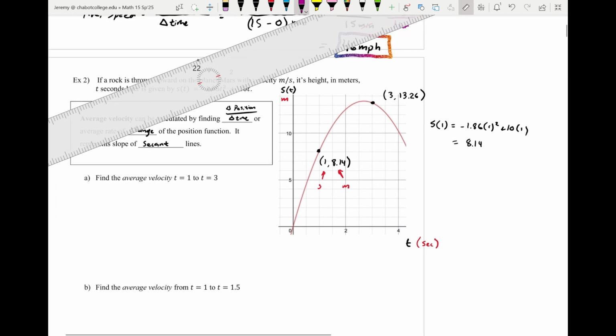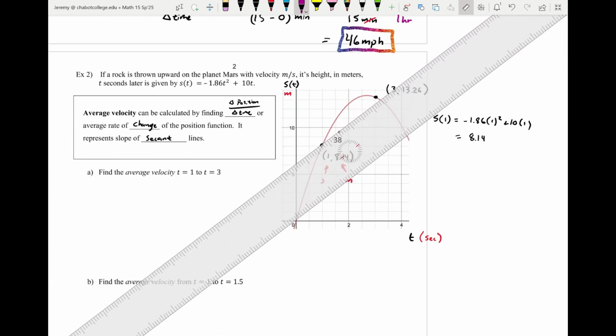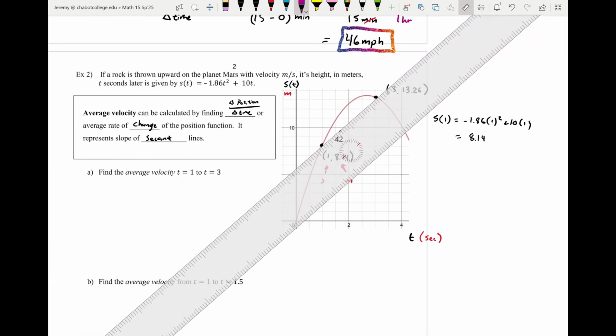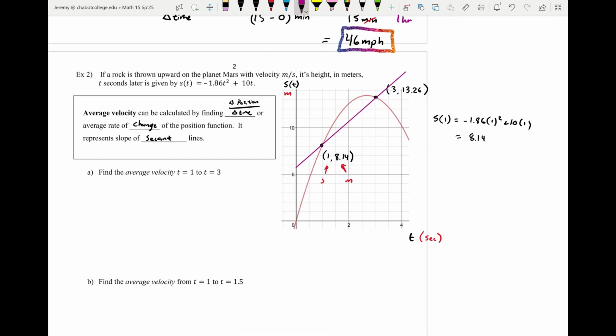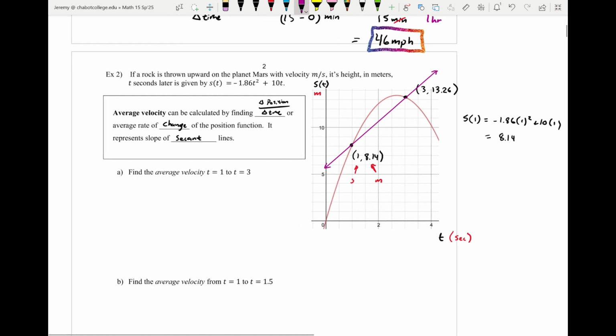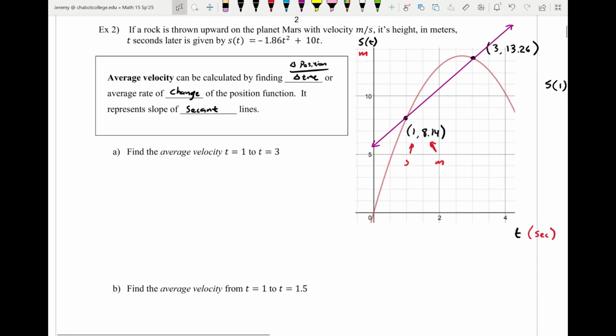Like we were discovering in that last example, I can calculate this by finding the slope of the secant line. So let me draw in this line here. If I calculate the slope of that secant line, that goes through those 2 points at t equals 1 and t equals 3, that will give me the average velocity.